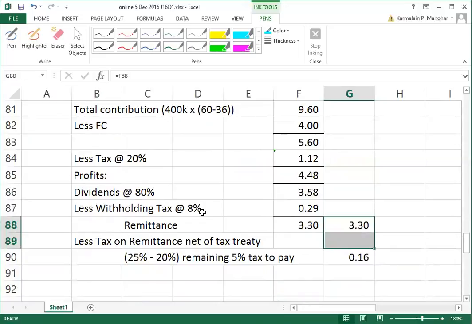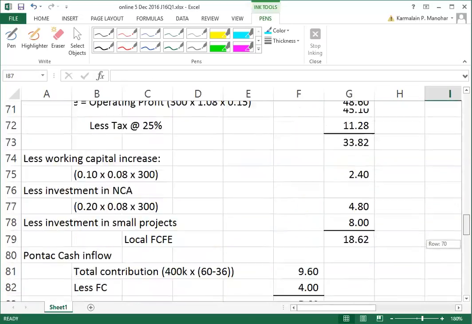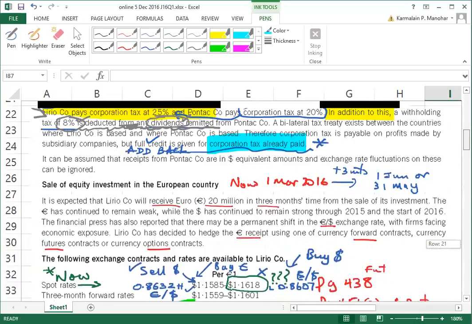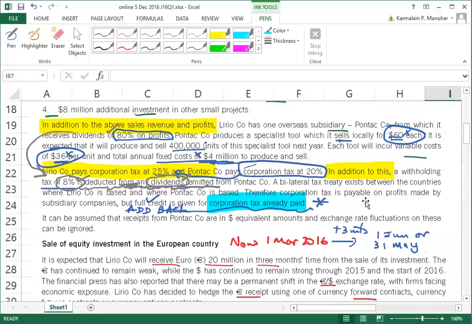Very interesting. I guess that wording here is a little misleading: therefore corporate tax is payable on profits made by a subsidiary, but full credit is given for corporate tax already paid. Very interesting. So I think if we follow this carefully, we have an error.